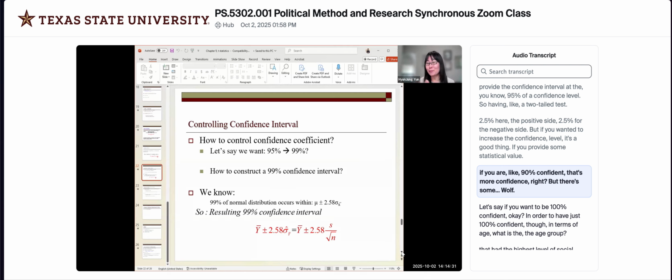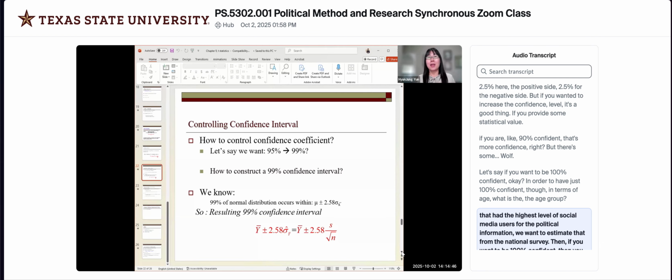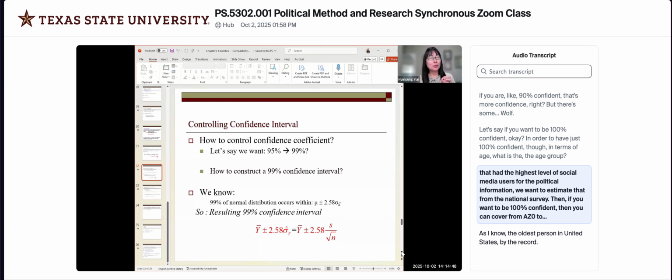But there's a trade-off. Let's say you want to be 100% confident, okay? Say we want to estimate, from a national survey, which age group had the highest level of social media usage for political information.